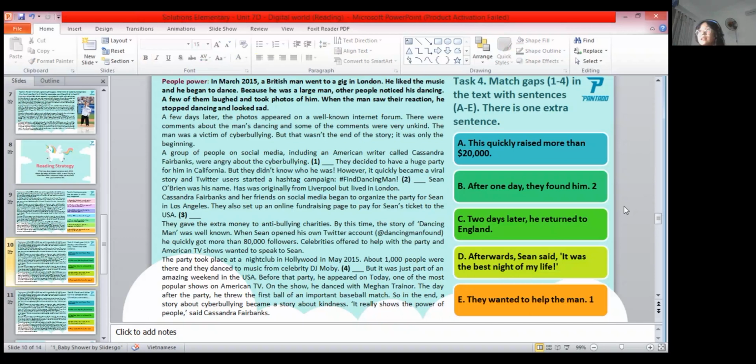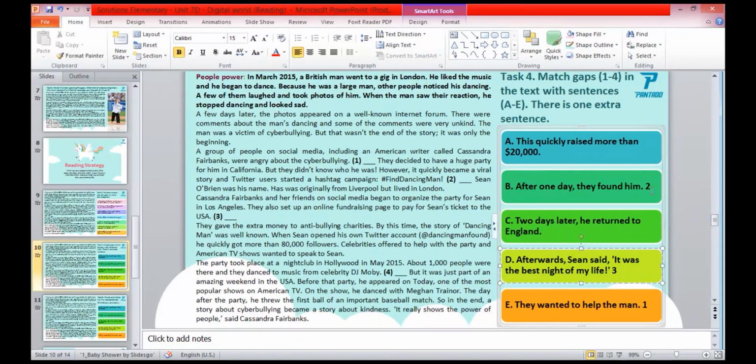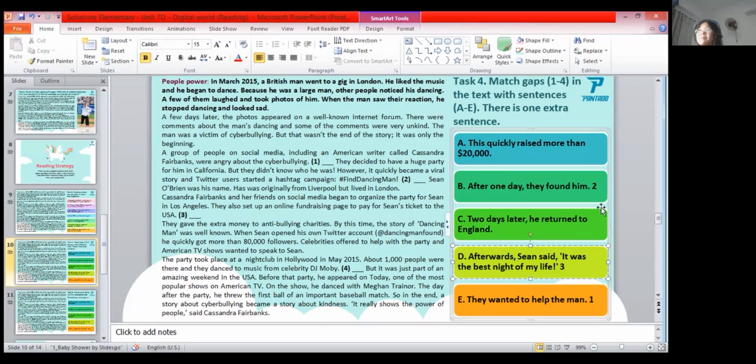D. And the last one, A or C. It is A. A, number 4.